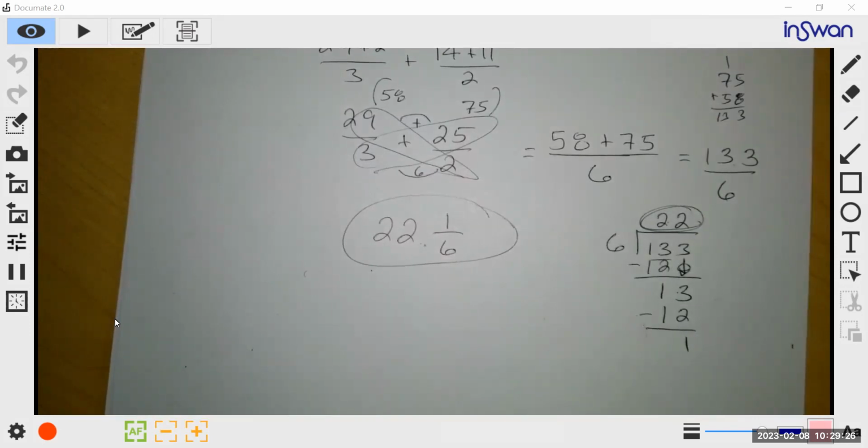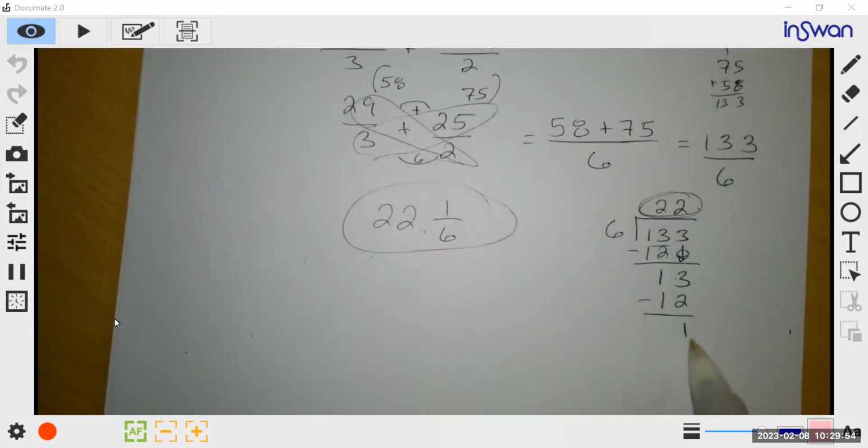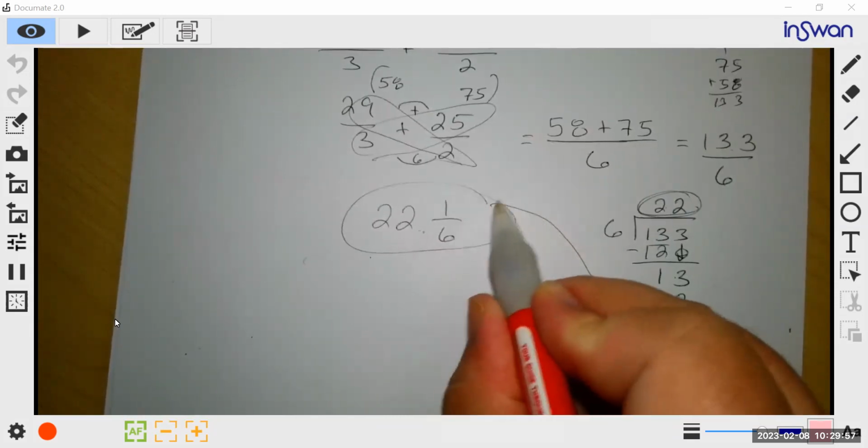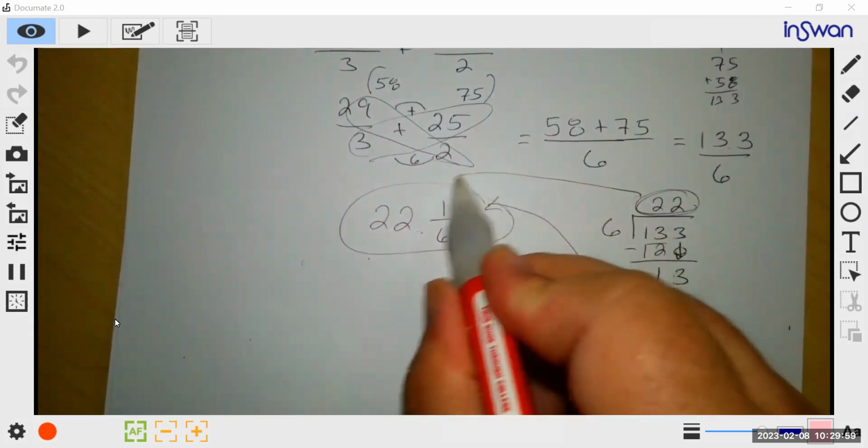That's all that part is: convert from mixed numbers to improper fractions, do the math, and then convert from improper fractions back to a mixed number. Where did I get 6 from? When I had this, the remainder goes on top.